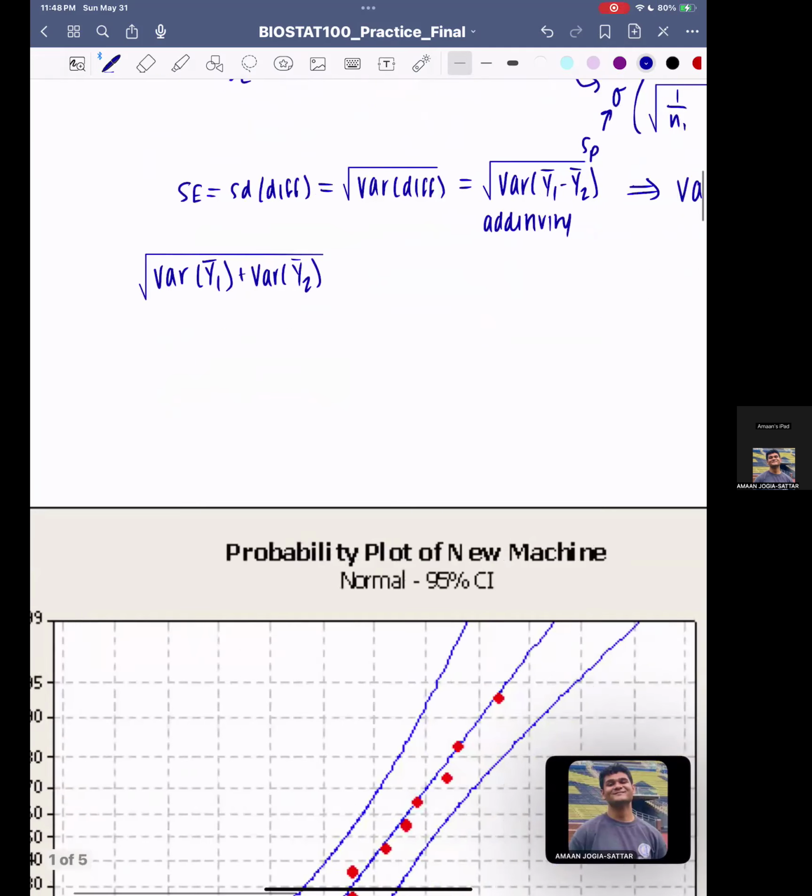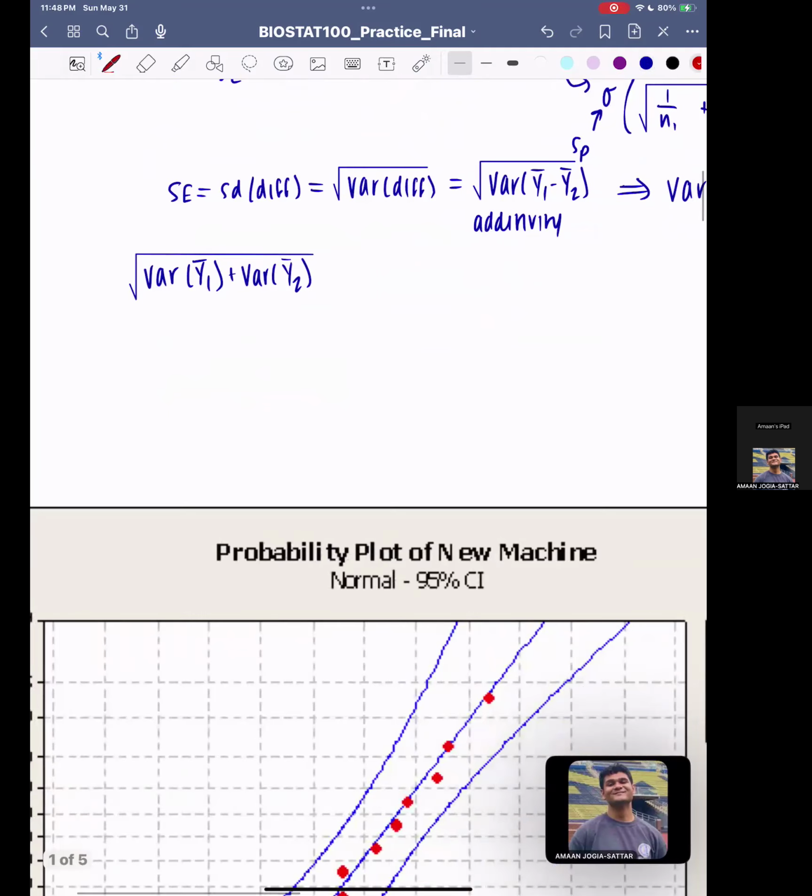Well, let's ignore this square root just to make things a little cleaner, and then we'll bring it back at the end. So if I were to erase that for a second, this is going to be equal to the individual variances.